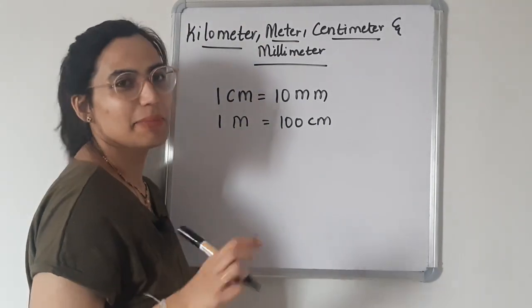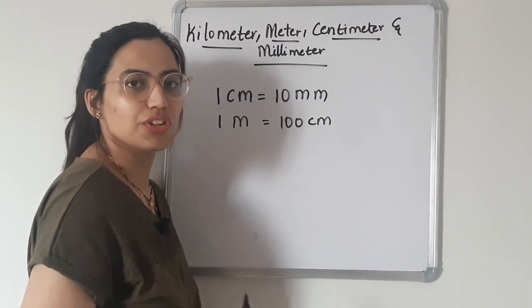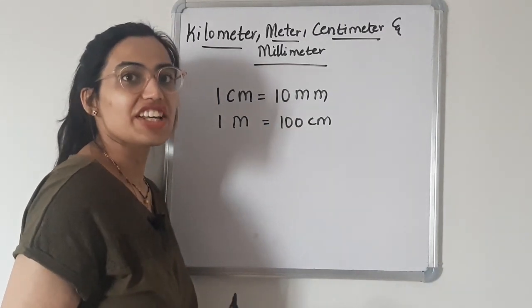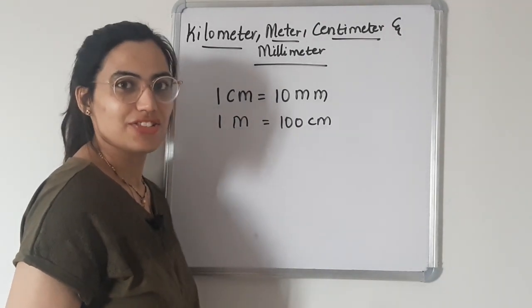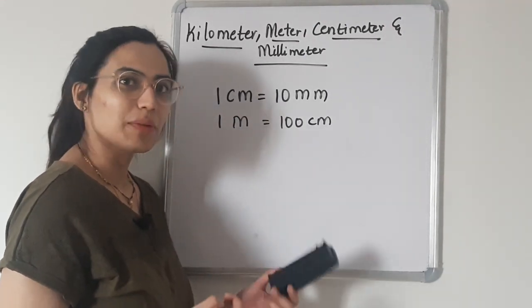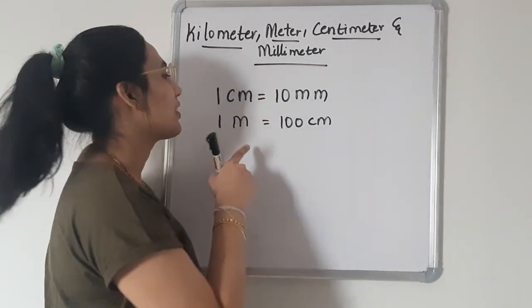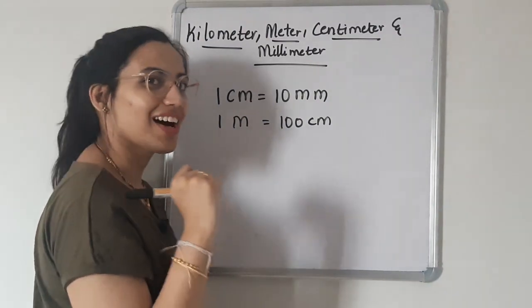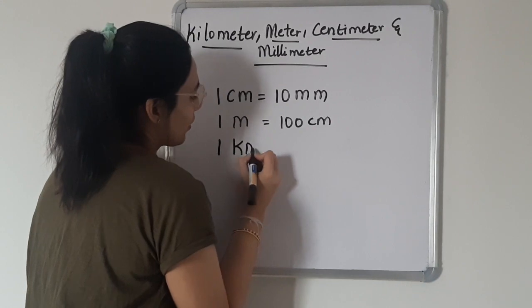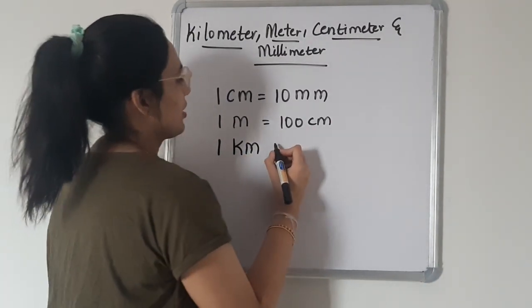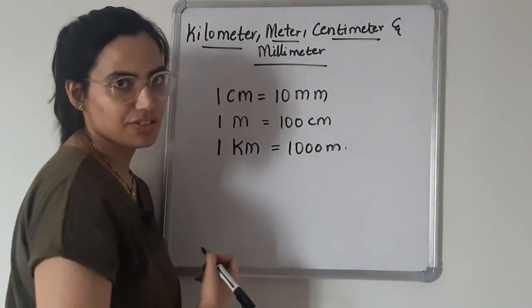Let me give you a simple example. Your mother's blouse, or your dress material, is measured in centimeters: 80 centimeters, 100 centimeters, 1 meter, 10 meters, right? So remember that 1 meter is nothing but 100 centimeters. Now, in the same way, 1 kilometer is equal to 1000 meters.